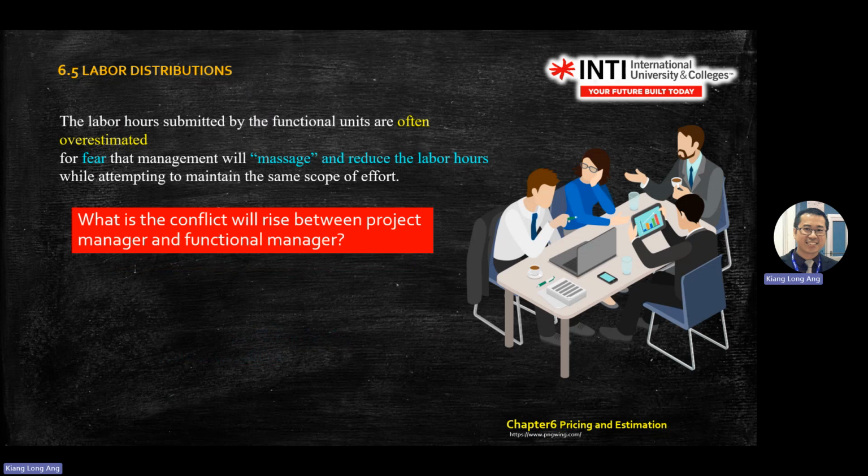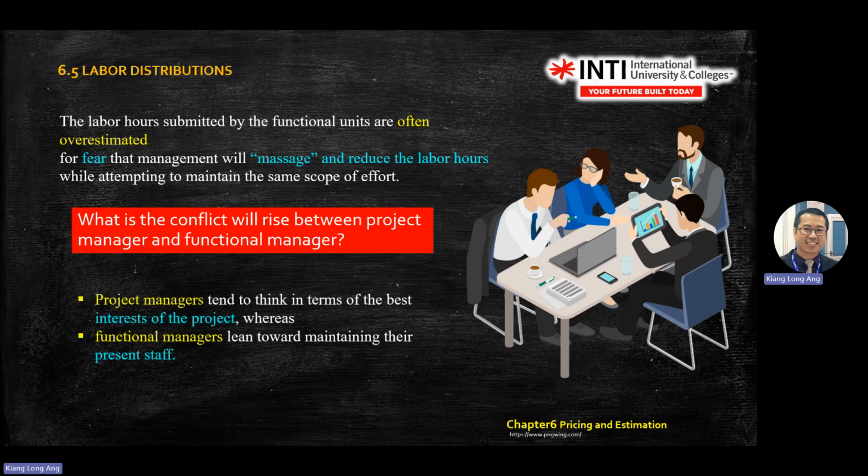So what conflict will arise between the project manager and the functional manager in terms of labor distribution? There are two, because of their roles. The project manager thinks in terms of projects. You oversee the project, and you are more concerned about its success. But the functional manager wants to protect their staff.